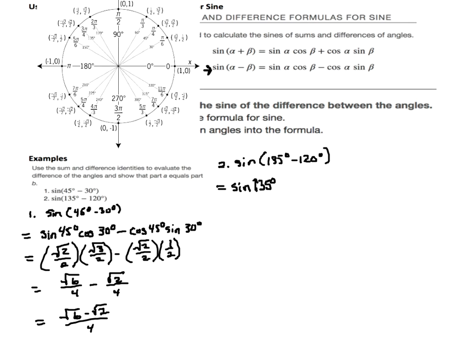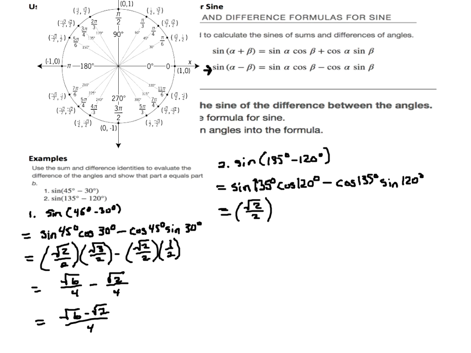Sine of 135 degrees times the cosine of 120 degrees minus the cosine of 135 degrees times the sine of 120 degrees. Okay, the sine of 135 degrees is positive square root 2 over 2.